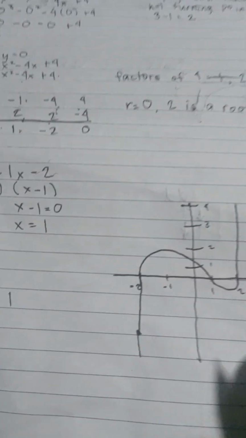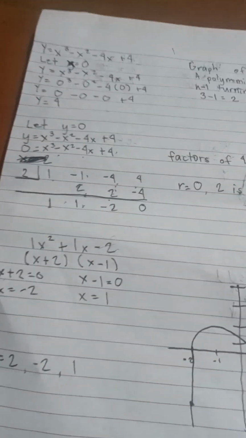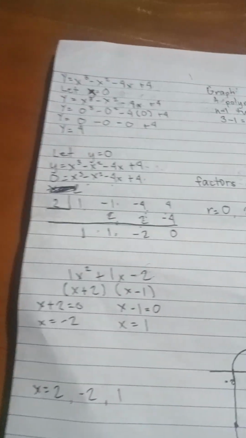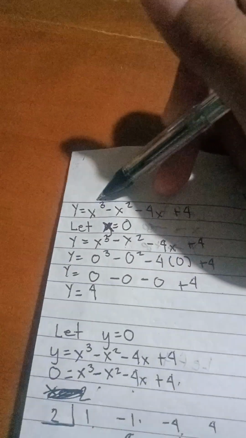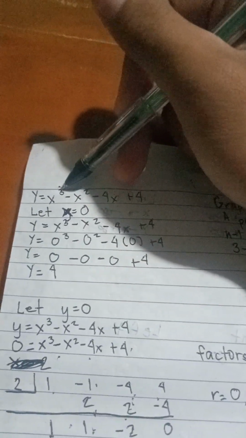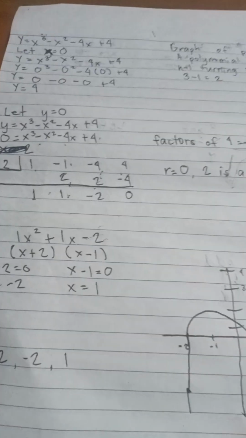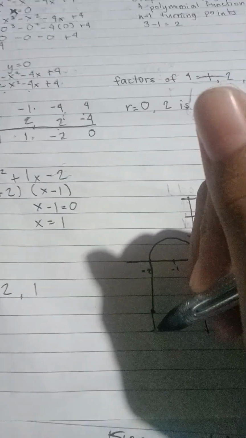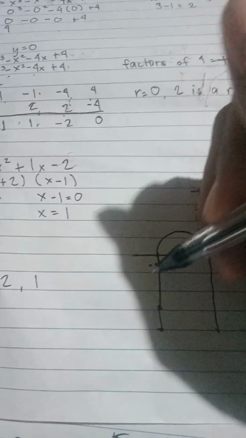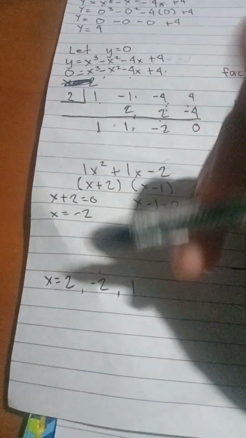This is the graph we will be using. Since our leading degree is a cube, it means the graph starts from the bottom left side. Since our coordinates include negative 2, let's start from negative 2.